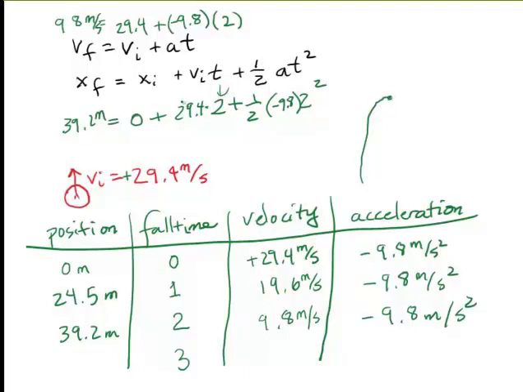And when you plug everything in to these equations, just the same way we've done before, you will find that at 3 seconds, the height that it's achieved is 44.1 meters, and it's 0 meters per second because it'll have just reached the top of its little trajectory. And of course the acceleration is always minus 9.8 meters per second squared.